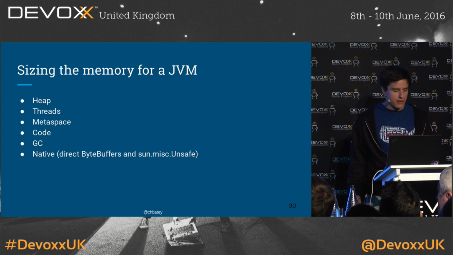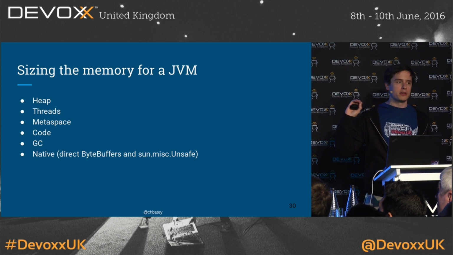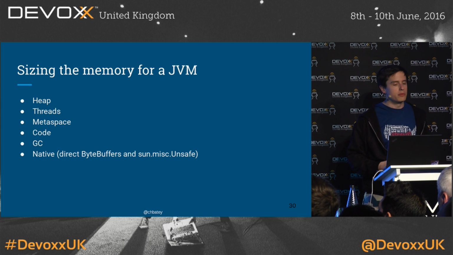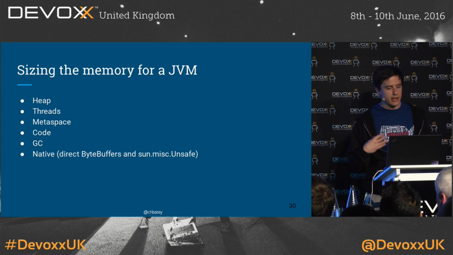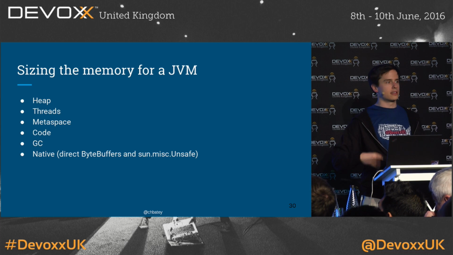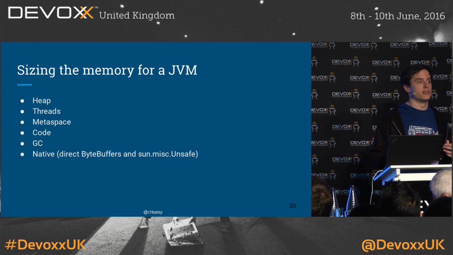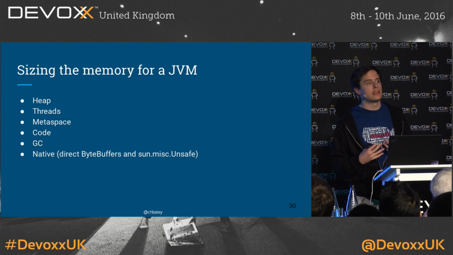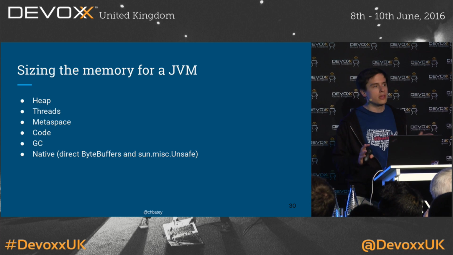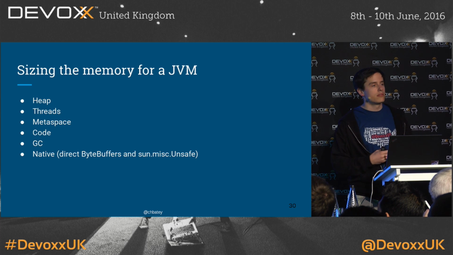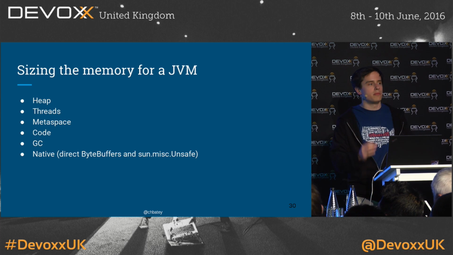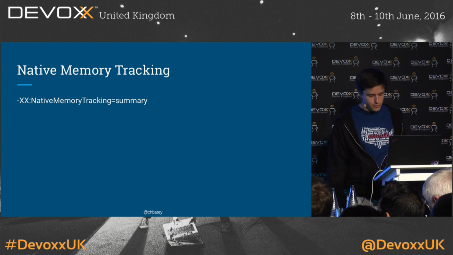So there are certain things we're going to have to look at: how much memory our thread stacks use, how much memory metaspace, the compiled code and garbage collection use. And if you're using a framework which uses direct byte buffers or some unsafe memory allocation, that is off the heap. Ratpack, for instance, uses vastly more native memory than our Dropwizard application does.